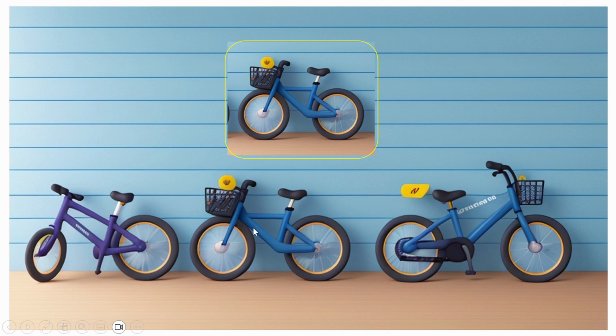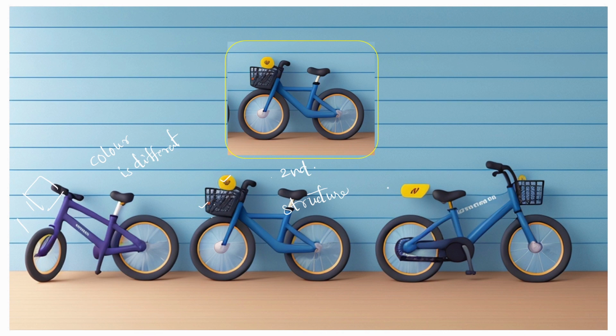And in the second cycle, let me check, the basket is there, and the yellow color one is also there, and the cycle structure is also the same, so it is matching the upper cycle.